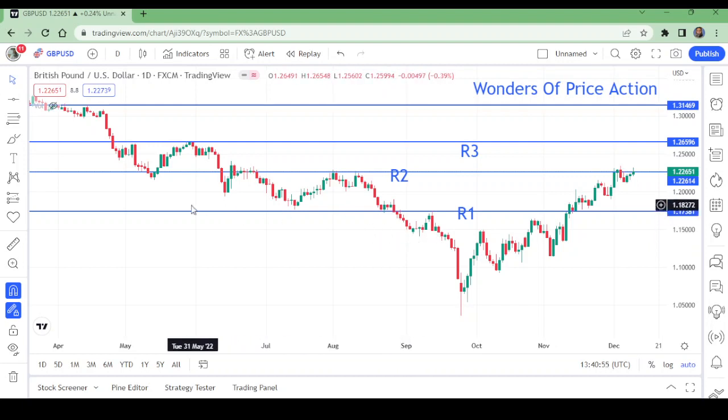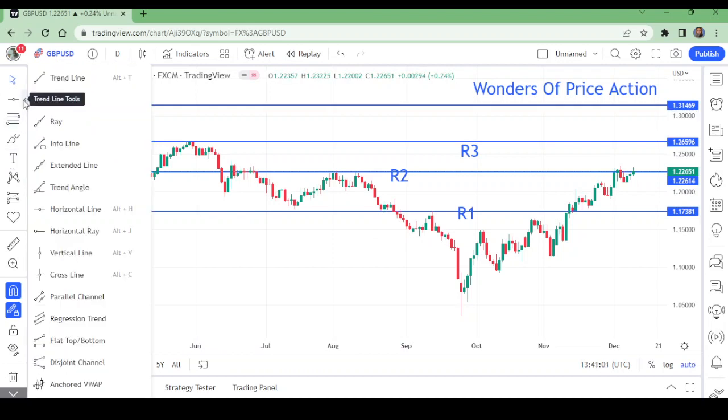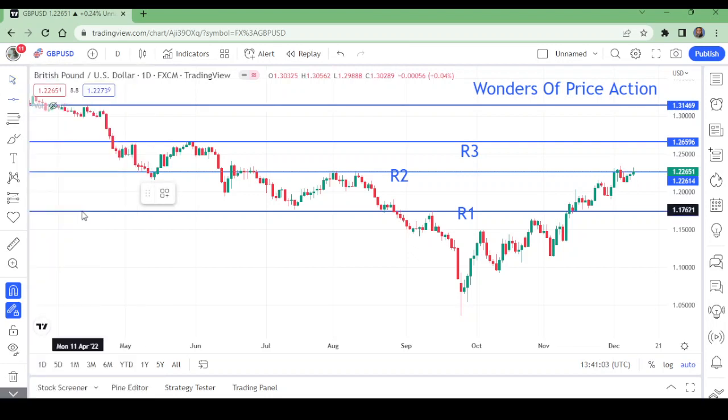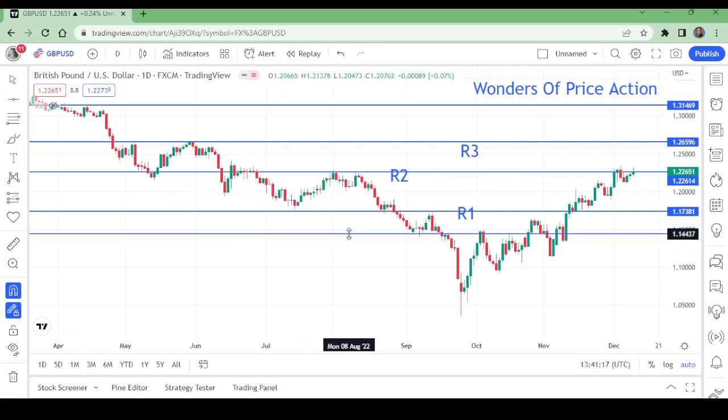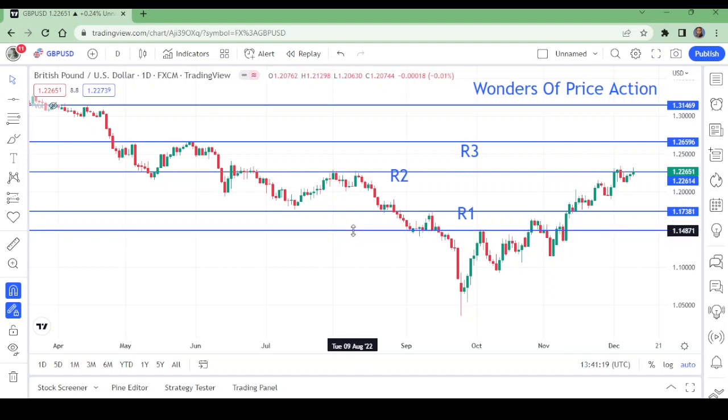Let me put the horizontal line here. Actually, let me put it correctly so that I could define it easily here. First, when this pair was rejected from here, this was not a strong resistance.